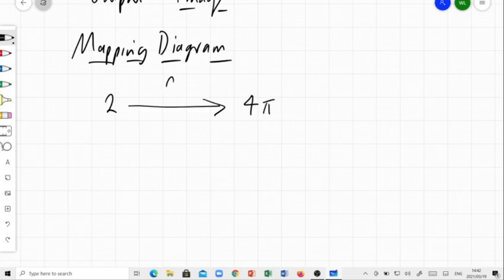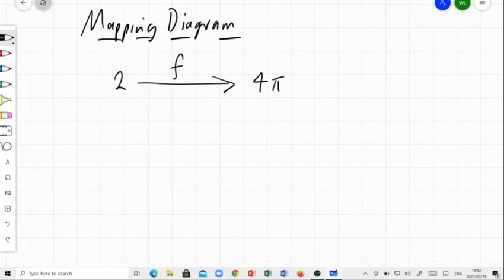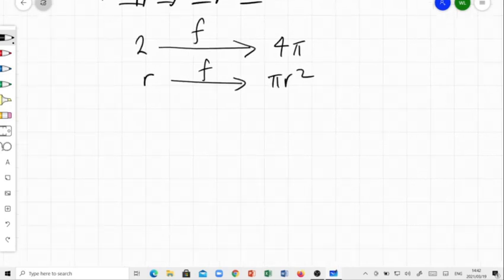So f maps 2 into 4 pi. In other words, f transforms 2 into 4 pi. Okay, so these are just the technical language you must learn. And then in general, f will map the pre-image r to the area pi r squared.